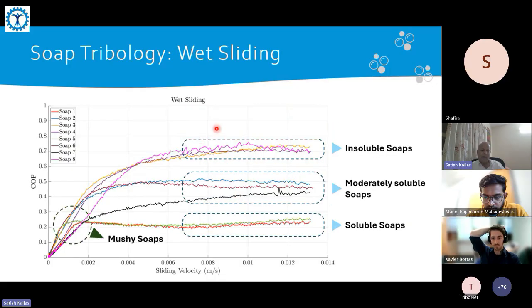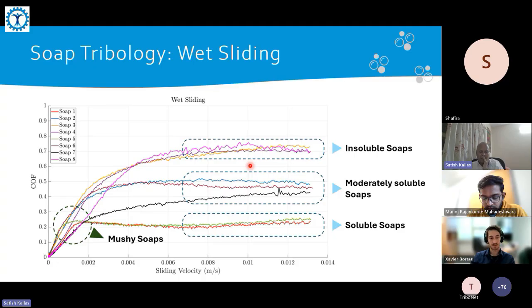And then in the wet sliding conditions, what we found is that the soluble soaps have lower friction, the moderately soluble have medium friction, and the insoluble soaps have much higher friction. So we are able to find out which soaps are which with this. We are still in the process of getting data on different structures of the soap and seeing how this would influence things.